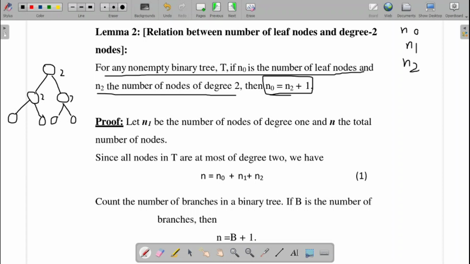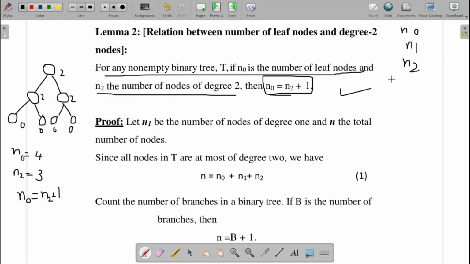This will be degree 2. These four are of degree 0. So how many elements are there of degree 0? n0 will be equal to 4 nodes. And how many n2 are there? n2 will be equal to 3 nodes. That is, n0 will be equal to n2 plus 1. This is what we need to prove. That is, n0 equals n2 plus 1.